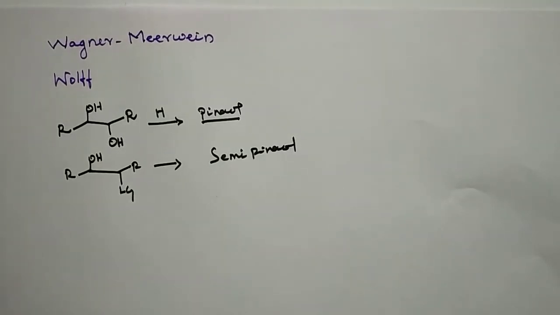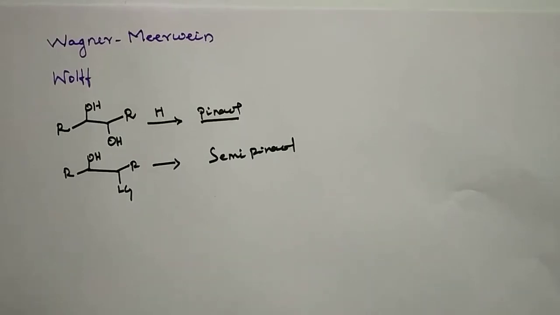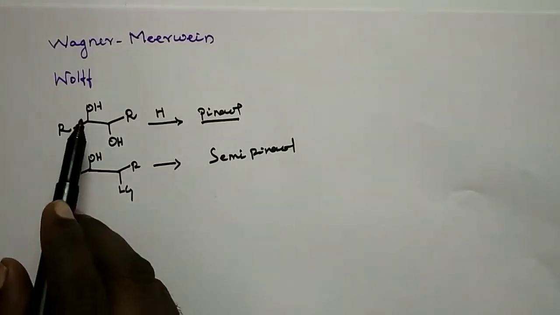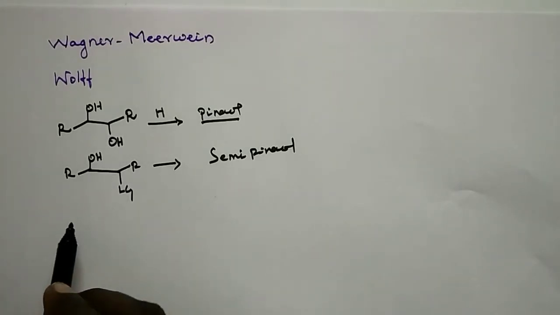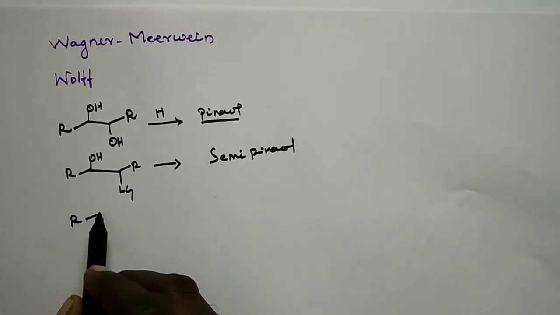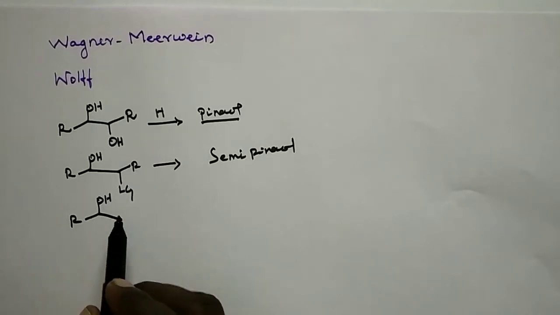This also I already told. And third one is Wagner-Meerwein, as I said. The first one has 2 hydroxyl groups. Here 1 hydroxyl, the other one is a leaving group. Third one is Wagner-Meerwein. Only 1 OH.